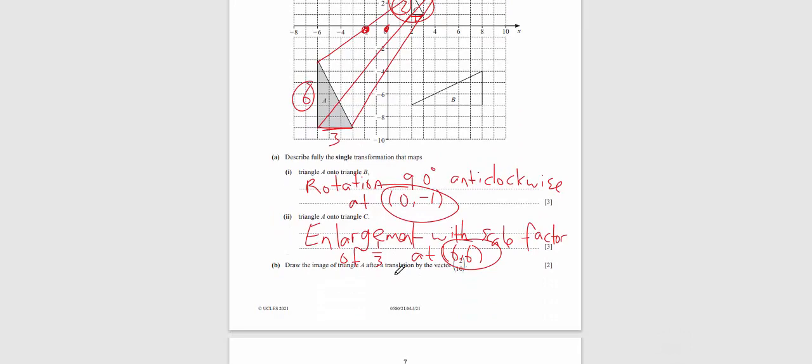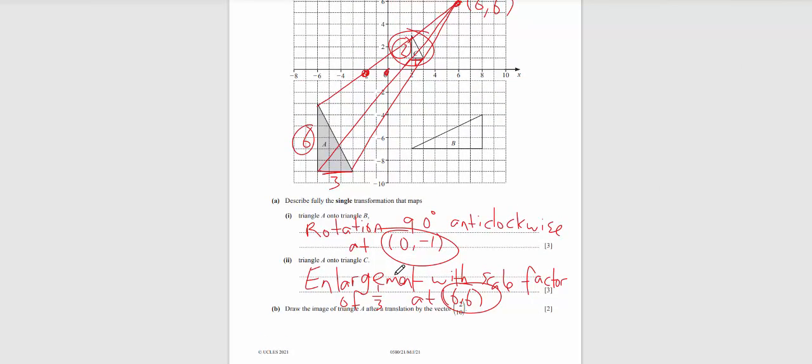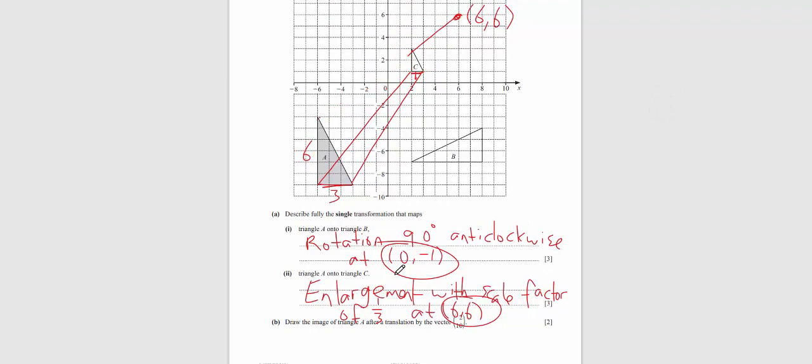And then draw the image of triangle A after a translation by a factor of 2 and then 10. So to draw that kind of image, because translation means you either move up or down, okay? The first one is always either to the left or to the right, because the first one represents the x, okay?